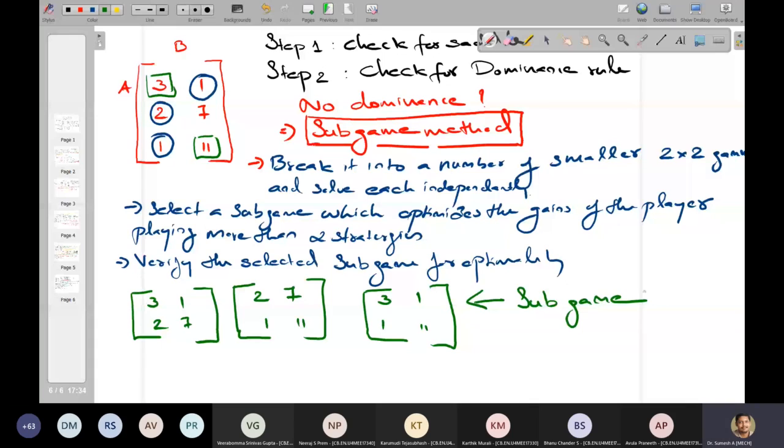Now find the value of each subgame. Check again for a saddle point.